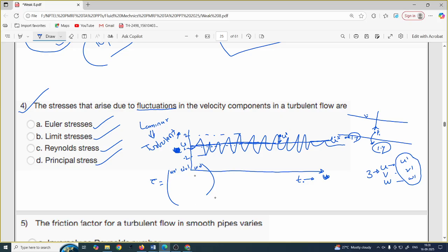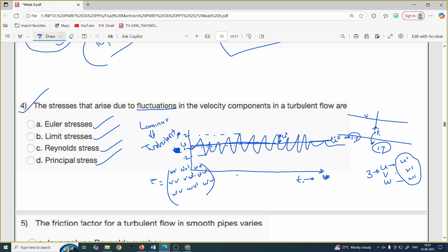Similarly v dash u dash, v dash v dash and v dash w dash. Again w dash u dash, w dash v dash and w dash w dash. So you will get such kind of things.